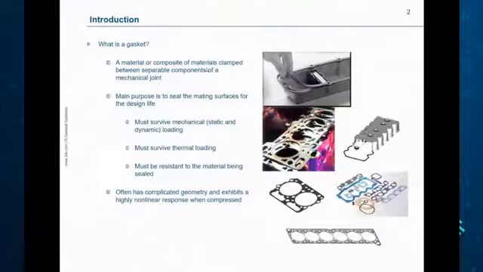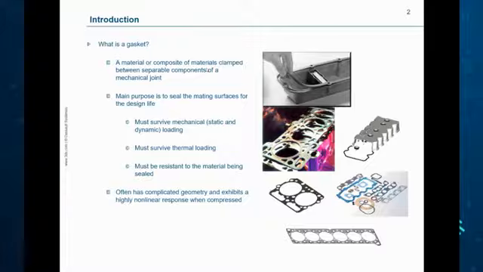So first of all, what is a gasket? I think everybody has a feel for what a gasket is. Here you can see examples of gaskets, head gaskets, valve cover gaskets. The main purpose of a gasket is to seal between two mating surfaces or flanges. Gaskets can have a complicated geometry, and there could be a rather complicated behavior, the mechanical response in the thickness direction.